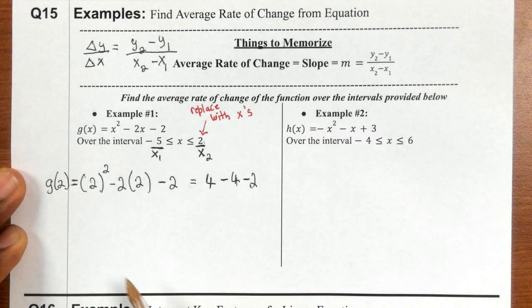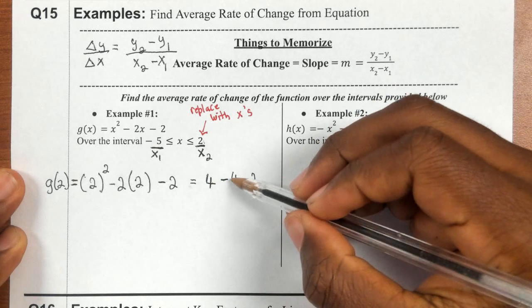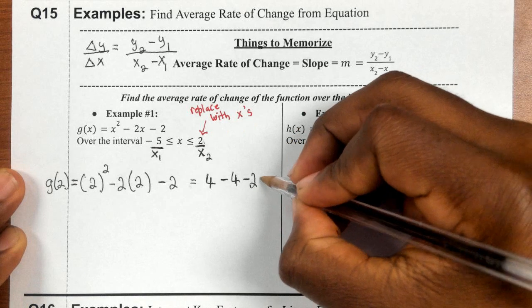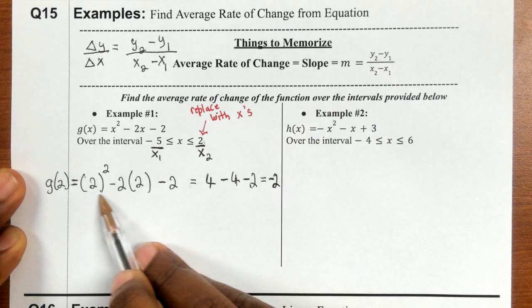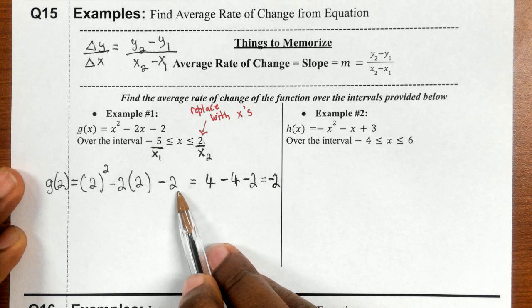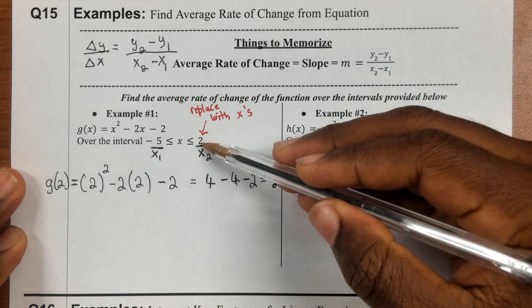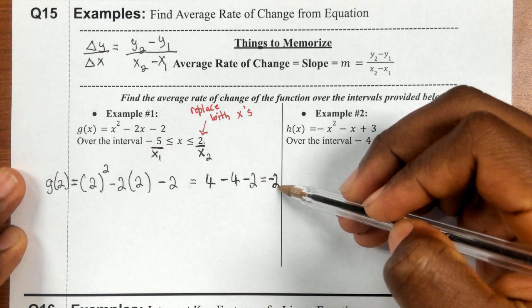I'm writing it across because I'm trying to use up all my space. So 4 minus 4 is 0, and 0 minus 2 is negative 2. And again, you can just put this in your calculator and it will calculate it for you. So that means when I plugged in positive 2 for x, I got negative 2 for the y that goes with it.